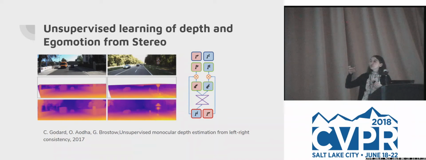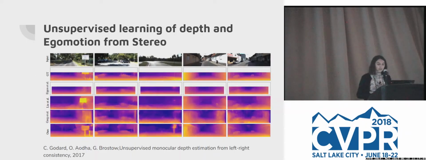So the input image, let's say the left one, is learning two networks, so to speak, or one with two joint outputs to predict the disparity, which you can think of as 1 over depth with coefficients depending on the camera parameters. And it's learning disparity with respect to the left image and with respect to the right image, and then you're using the actual left and right image to impose consistency.